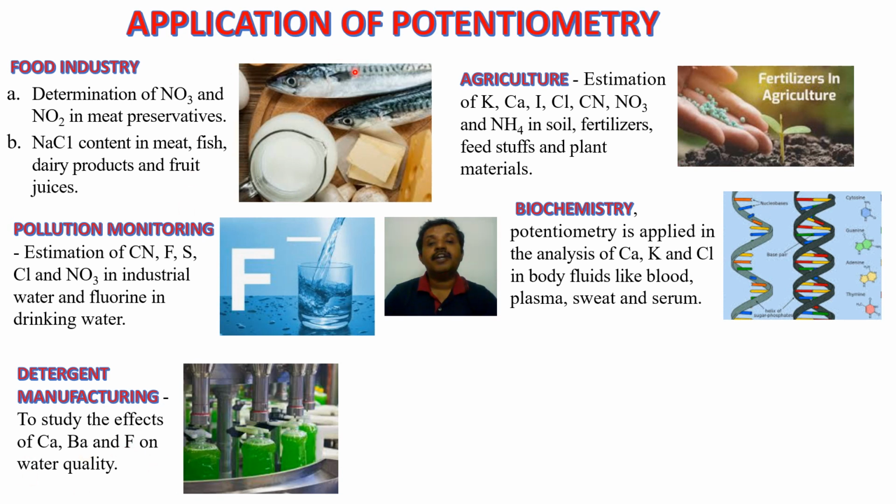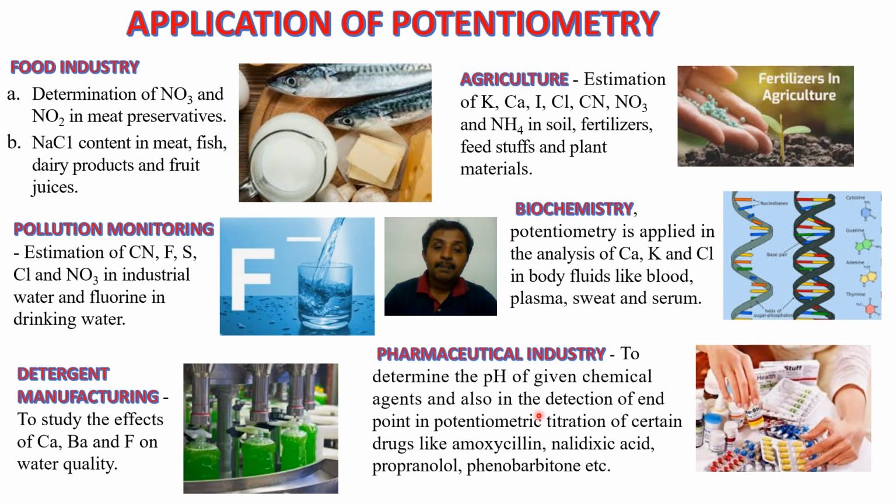These potentiometric methods are used in the pharmaceutical industry to determine the pH of a given chemical agent, and also in the detection of the endpoint in the potentiometric titration of certain drugs like amoxicillin, etc. These potentiometric methods are widely used.